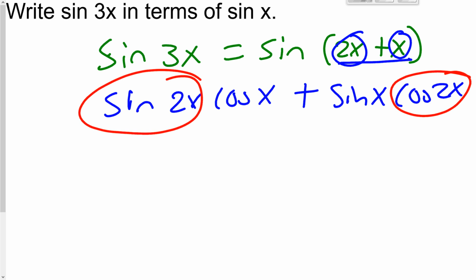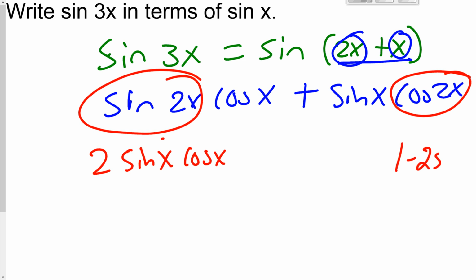So sine of double angle is 2 times sine of x cosine of x. And the double angle of cosine we want in terms of sine, so we want to rewrite this one as 1 minus 2 sine squared x.